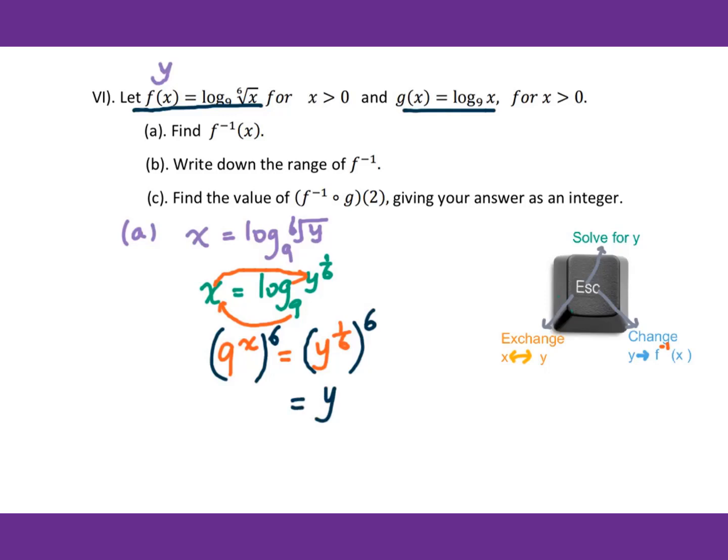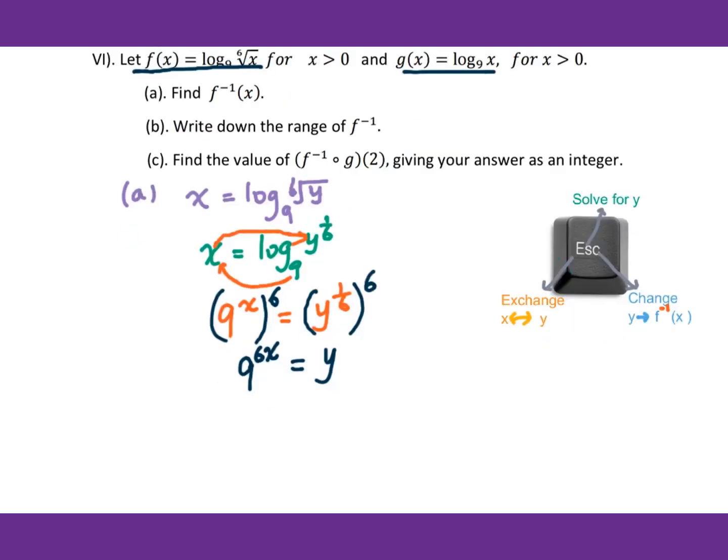Y equals 9 to the 6x power. Last step, change y into the inverse symbol. Inverse of f of x equals 9 to the 6x power.